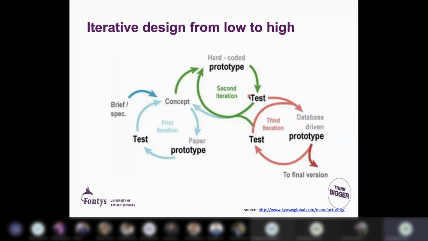So the prototype itself becomes, in the second iteration, a little bit better because instead of just writing the data on a paper or not even having data whatsoever, here you will have a hard-coded prototype. Here you already use the skills that you know.